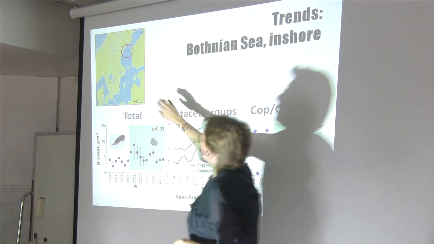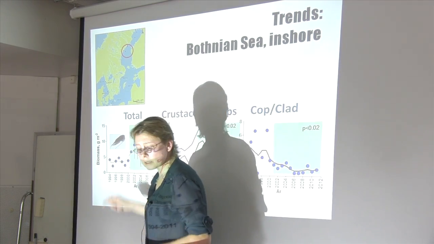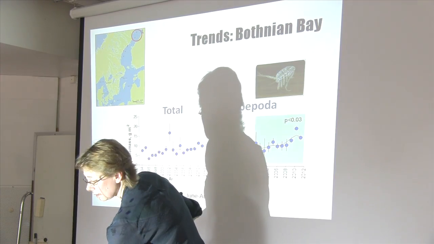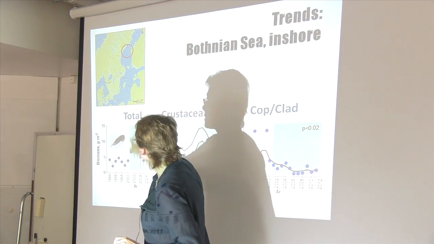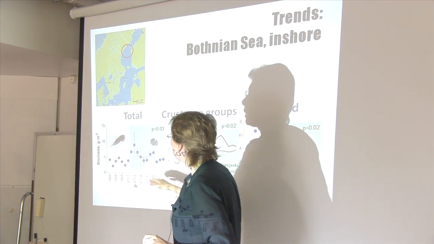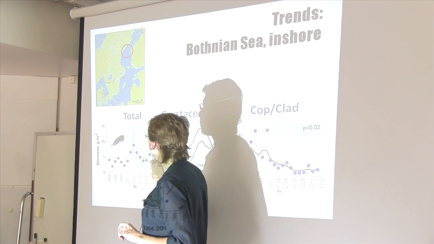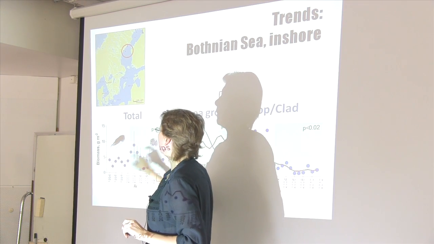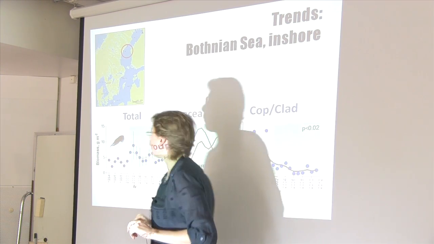Bothnian Sea, now we are there, a little bit south. The total biomass trend looks somewhat similar to what we have here. But by contrast, the decrease during the last 10 years is significant. What is even more interesting is that the biomass here is composed mostly of cladocerans, and the biomass that was here was composed mostly of copepods.